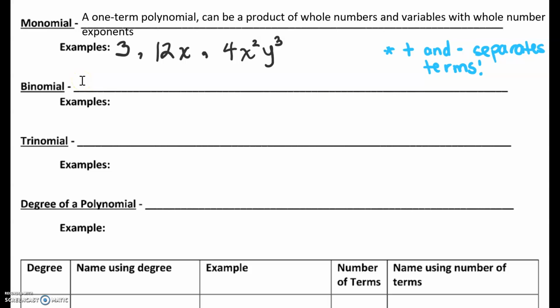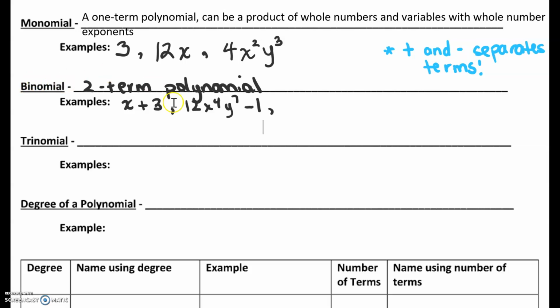Okay, so a binomial is going to be a two-term polynomial. And those terms can look anything like what we had in our first example. So a binomial could be x plus 3. It could be 12x to the 4th y to the 7th minus 1.